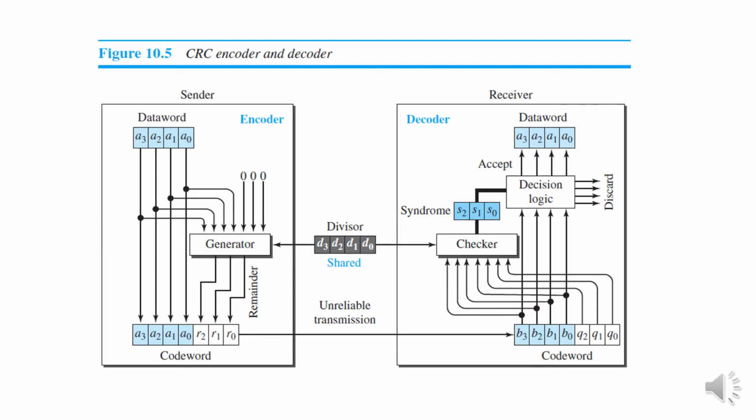So we can observe that the data word is A3, A2, A1, A0, and the remainder R2, R1, R0 is added along with the data word. That becomes our code word. The decoder receives the code word and feeds it to the checker.